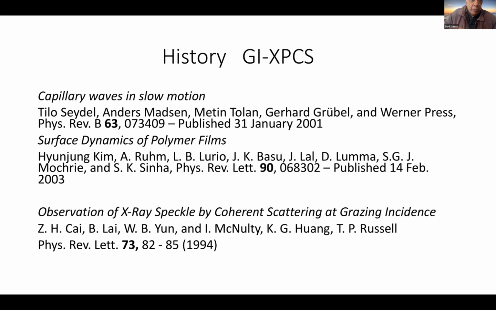But I should point out that in 1994, as you can see from the bottom reference here, there was a paper from Argonne about observation of X-ray speckle by coherent scattering at Grazing-incidence, although nobody attempted at that time to do any XPCS. It was just showing that you can get speckle. This was the early days.